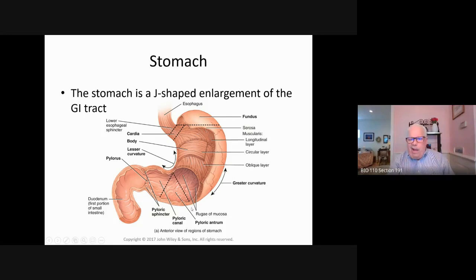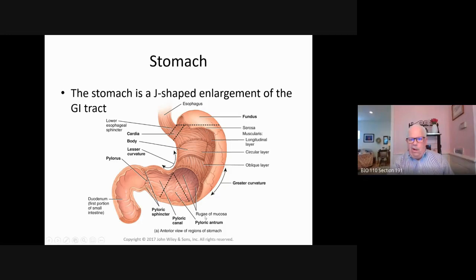The area of the stomach is controlled by what we call rugae. Rugae are folds in the stomach that can make the stomach bigger so you can get more food in if you decide to eat too much.